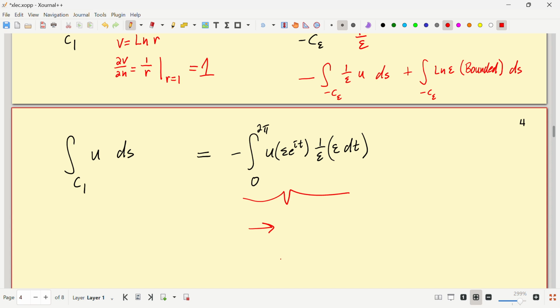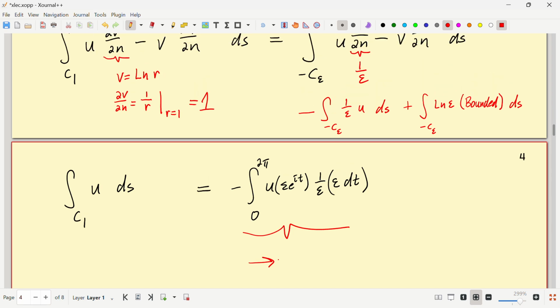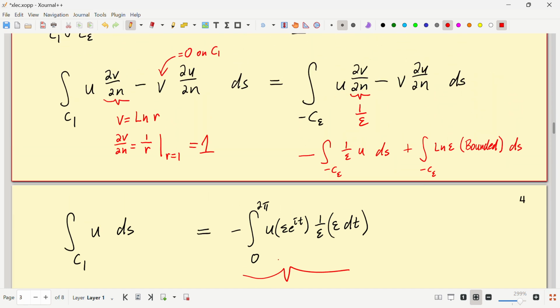I'm sorry, in my notes, there's no minus here. When I put it on the other side, it stays the same.